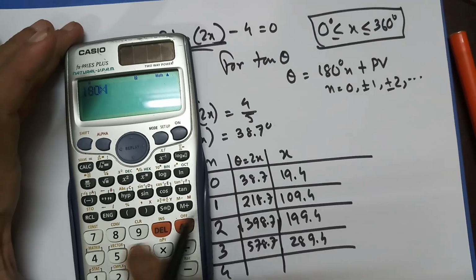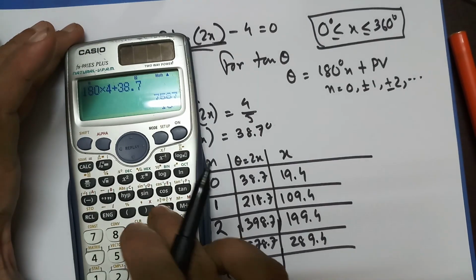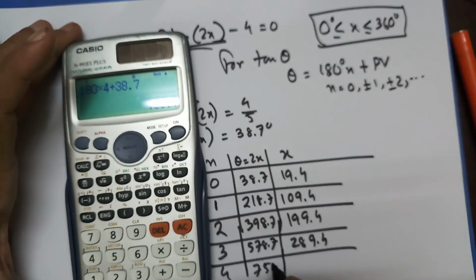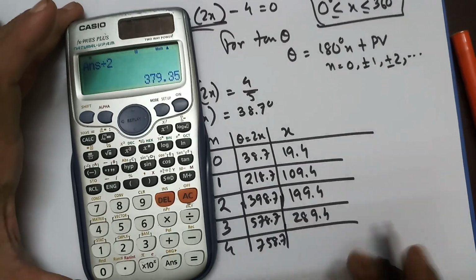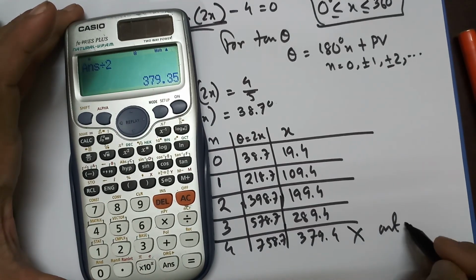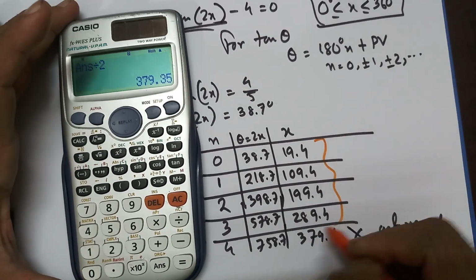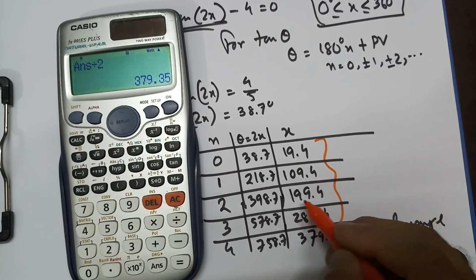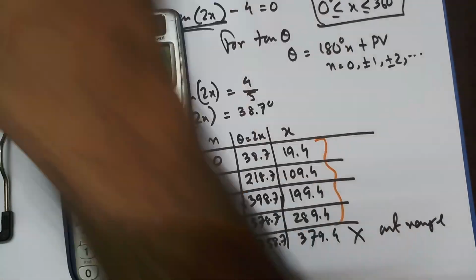So 180 times 4 plus 38.7 gives me 758.7, divided by 2, and that's going to be 379.4. That's out of range, I cannot take that one. So I have these 4 values: 19.4, 109.4, 199.4, 289.4.